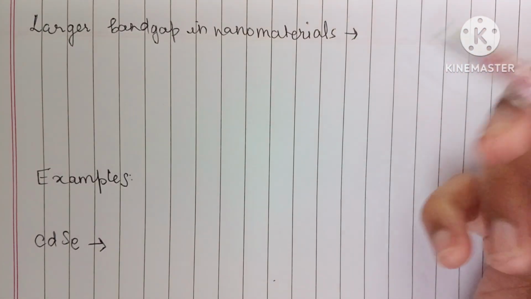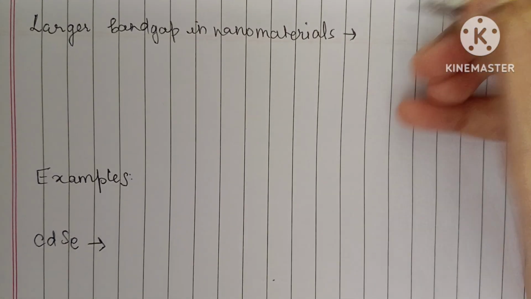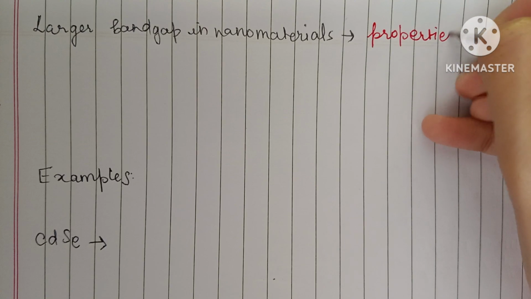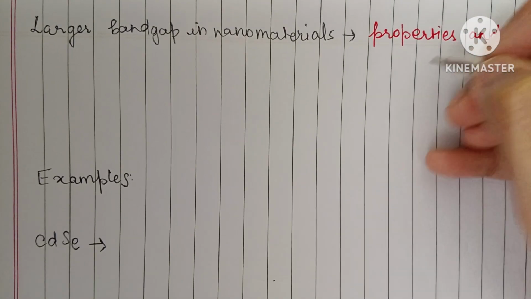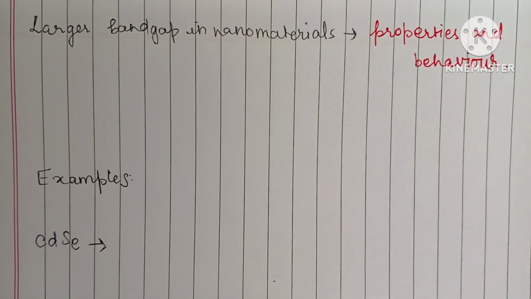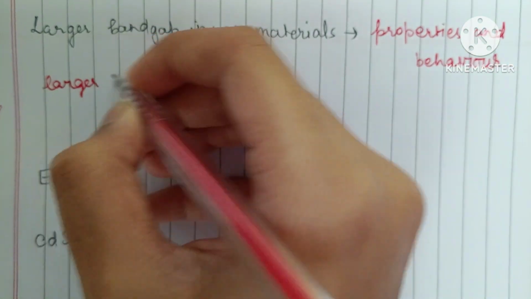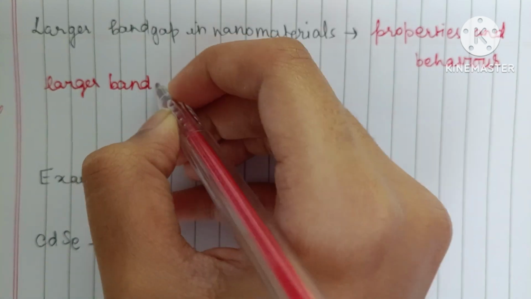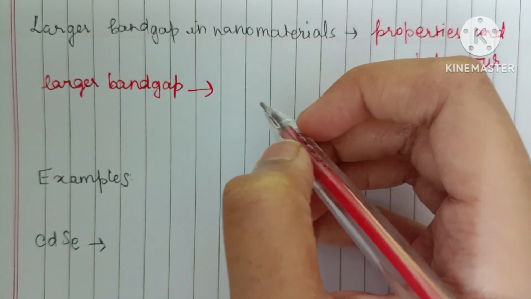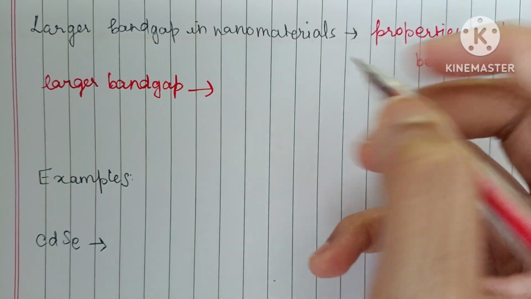The larger band gap in nanomaterials significantly impacts their properties and behavior. So, a larger band gap means that the materials absorb and emit higher energy or shorter wavelength light.